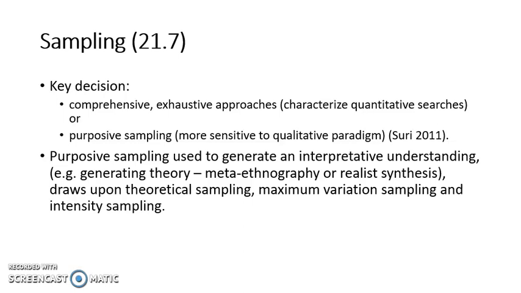And this particular approach is more sensitive to the qualitative paradigm. It can use such methods as theoretical sampling, maximum variation sampling, so for example looking at very different cases, and also intensity sampling, looking at very rich, very clear examples of a particular case.